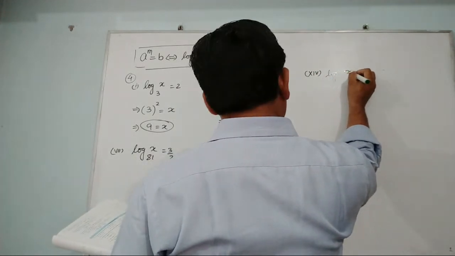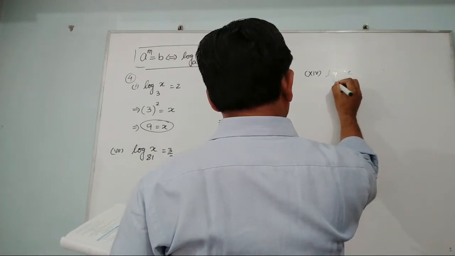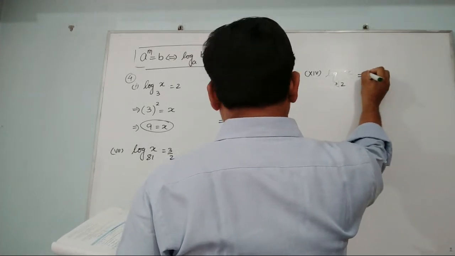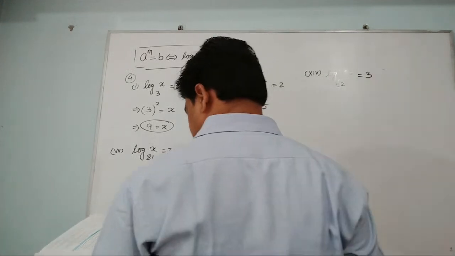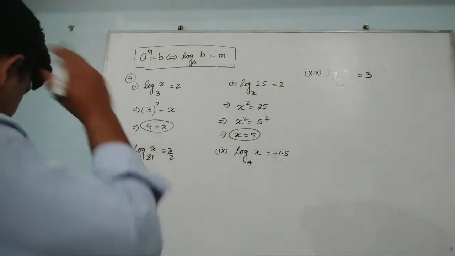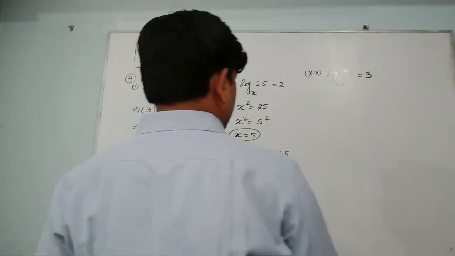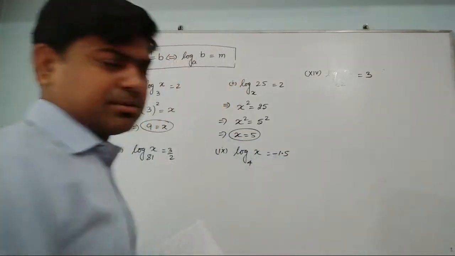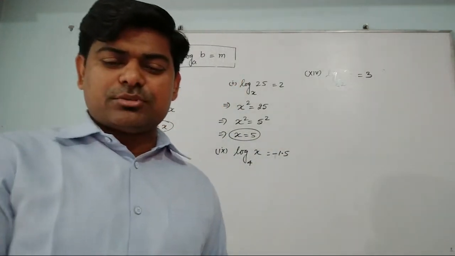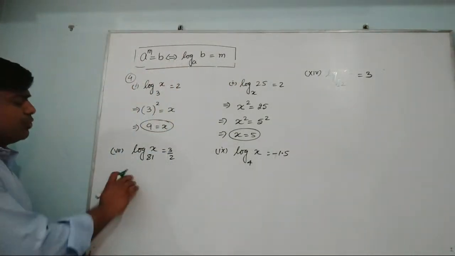Log x base cube root 2 is equal to 3 I am having. Let me do these three parts, then after that we will see how much space is there, then we will do the other one.